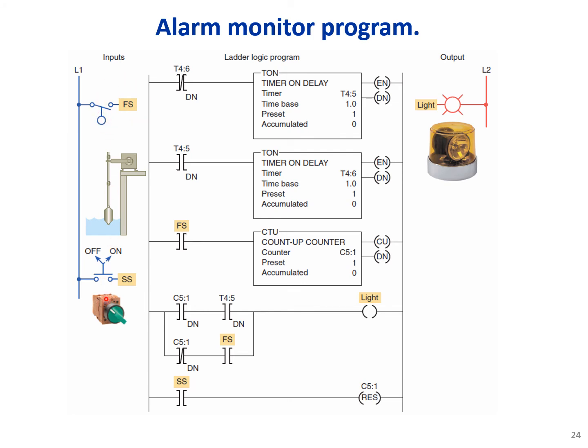We have one SS switch, or switch status switch, which we could turn from off to on. So we could turn the system off or on. And what we have here is an alarm light. It's basically a siren.